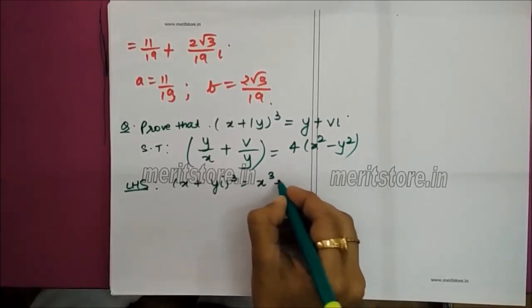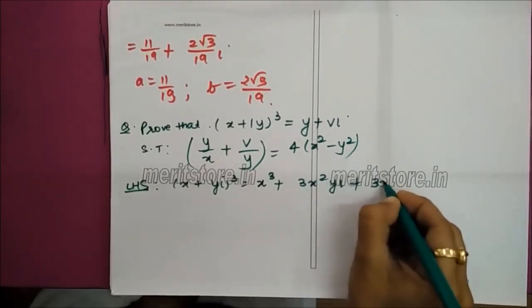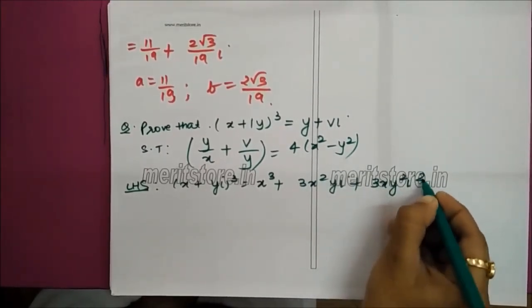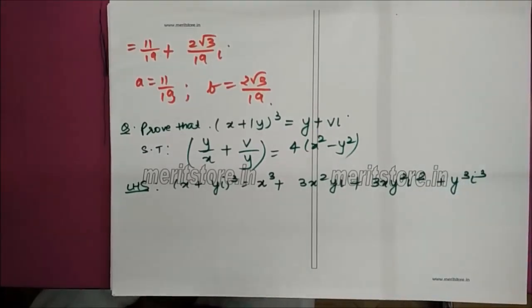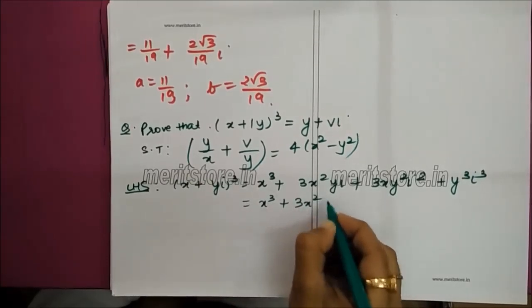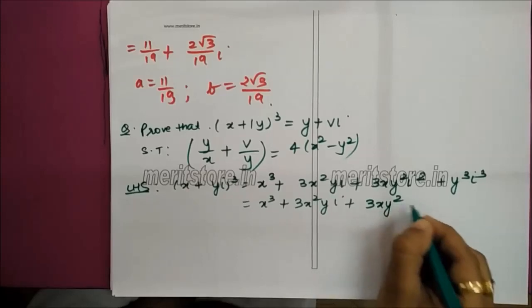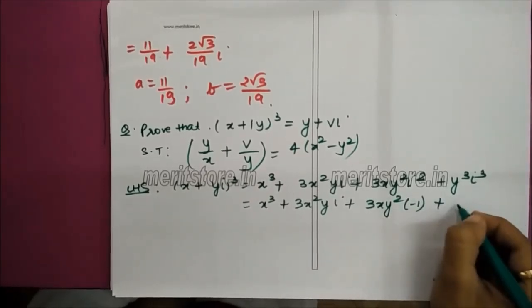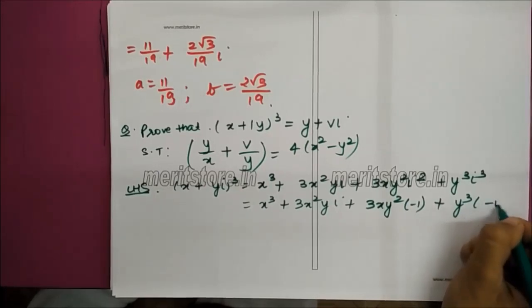So here you get x³ + 3x²yi + 3xy²i² + y³i³. When you simplify, 3x²yi + 3xy²i², i² is minus 1, y³i³ is minus i.